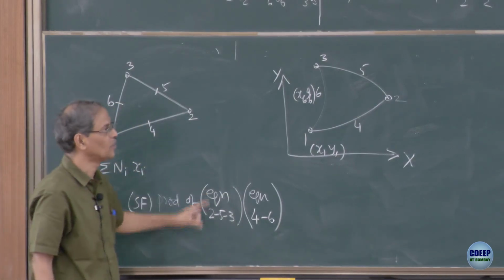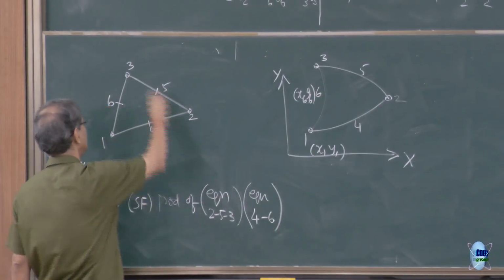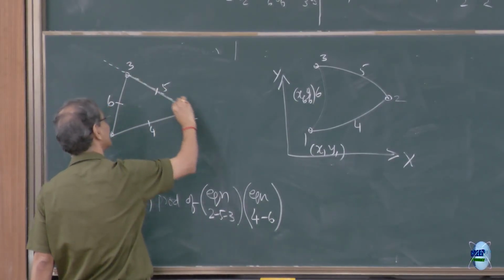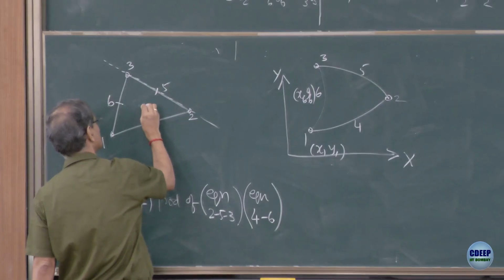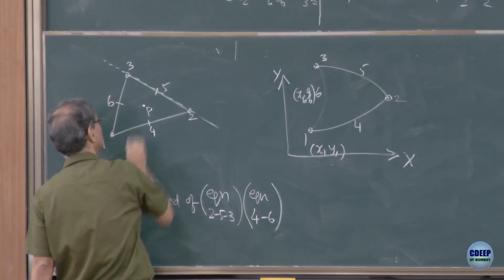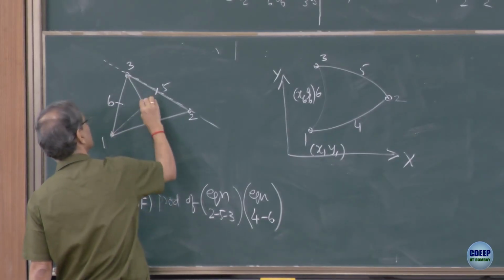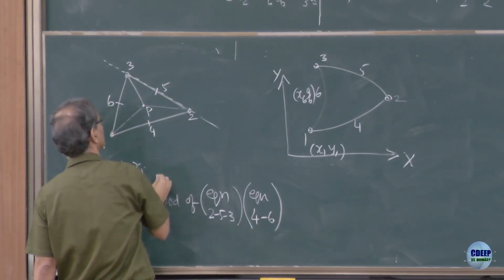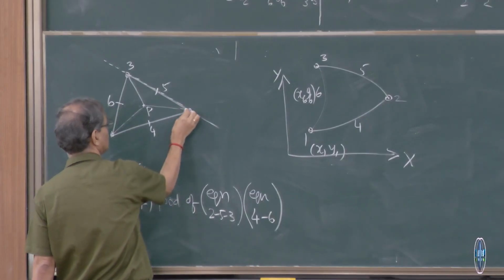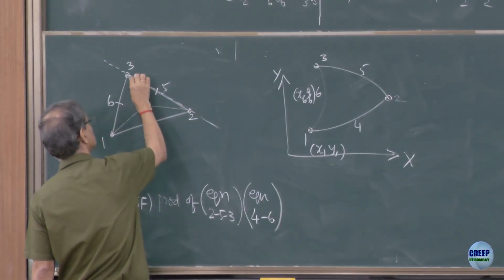What is equation 253? What is this line? How are our natural coordinates defined? For any point P, you would imagine it joined to the vertices, and this is your L1.